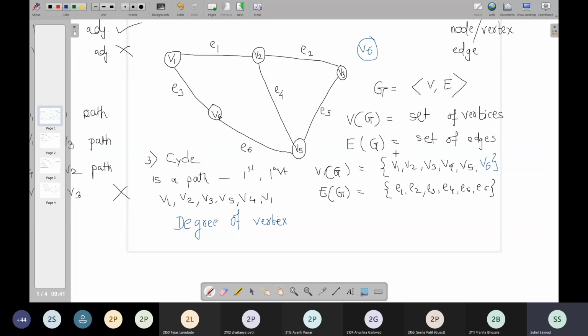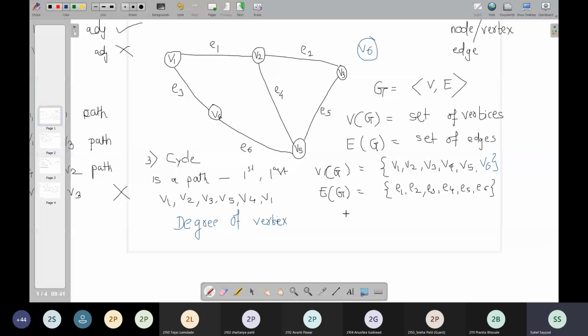So if for any vertex in a given graph the degree is found out to be 0, what does it indicate? It indicates that this vertex is an isolated vertex. If its degree is 0, then it is not connected to anyone, in case of an undirected graph at least.